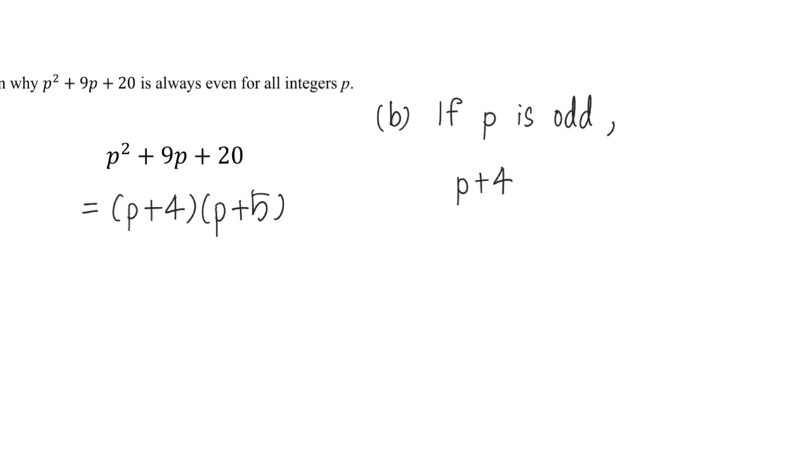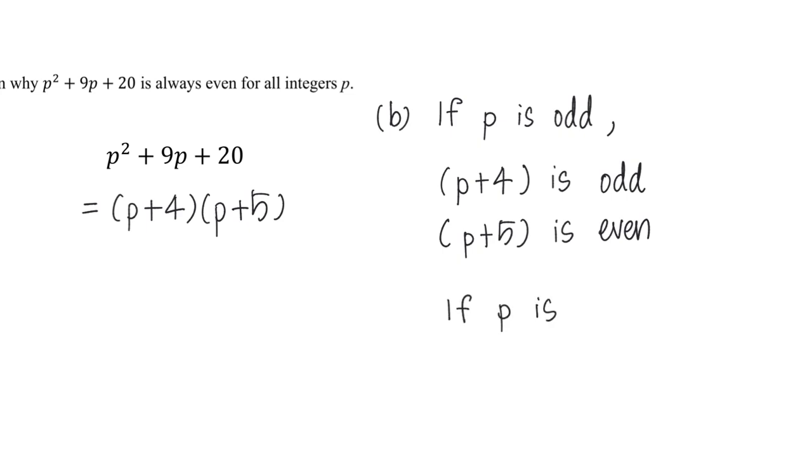p plus 4 will be odd, because an odd number plus an even number will give an odd number. And p plus 5, an odd number plus an odd number will give us an even number. And let's see what happens if p is an even number.